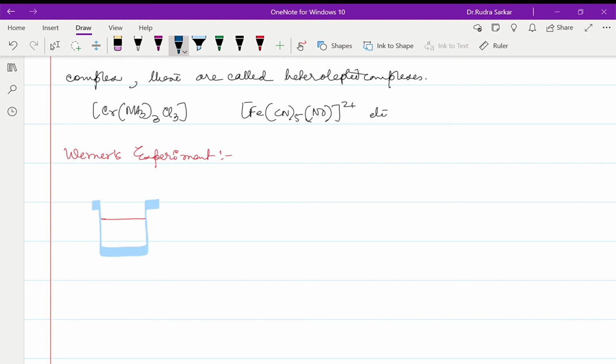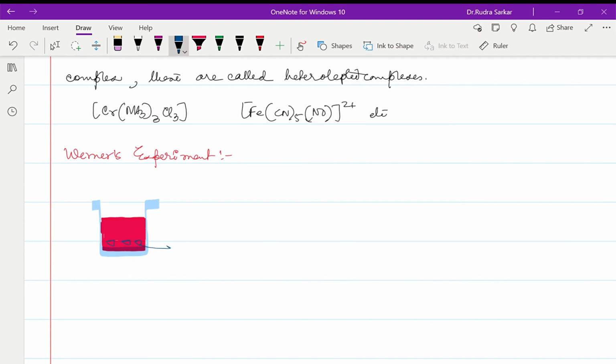All right. Suppose almost a wine red solution is present there. That is basically the cobalt solution out here. Okay. Now initially what happens over here? We are basically getting from here violet crystals.